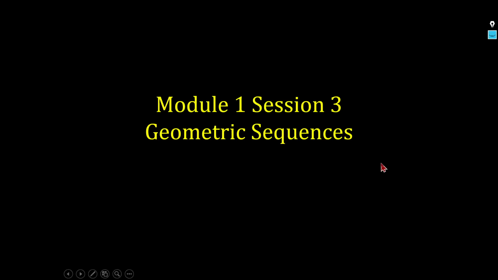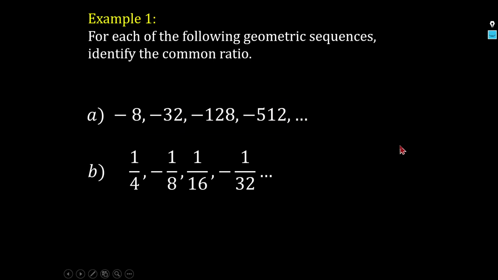Okay. Now, first example here, we're given geometric sequences A and B. The task is to identify the common ratio. Remember, ang common ratio is that constant number that we multiply to terms to get the next term. Yeah, so to determine the common ratio, generally, we simply apply r.